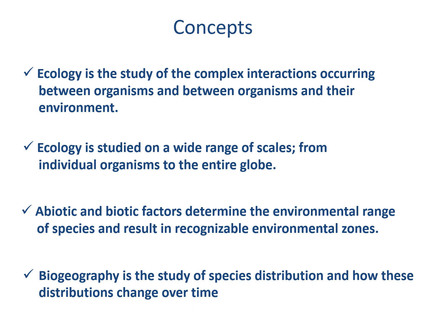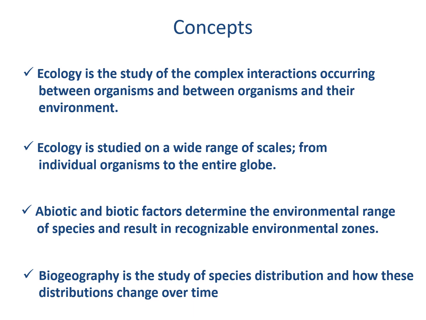Ecology can be studied on a wide range of scales. There's several fields of study within ecology. Abiotic and biotic factors determine the environmental range of species. Climate sets up well recognizable established biomes.